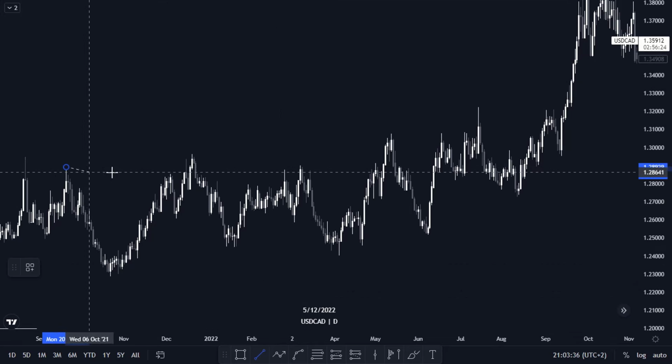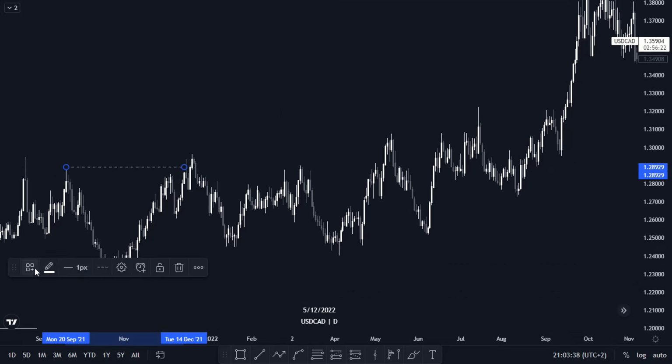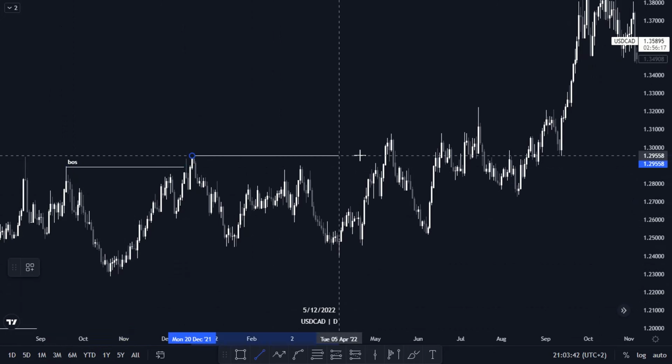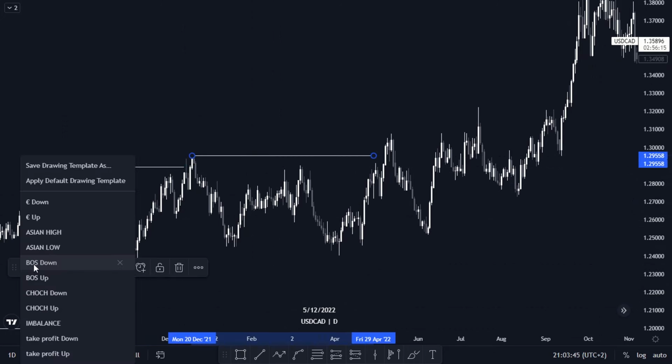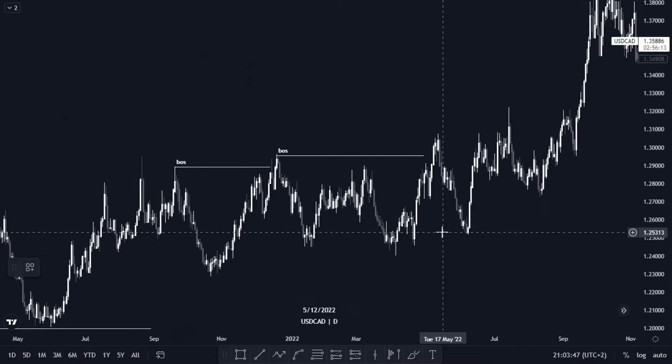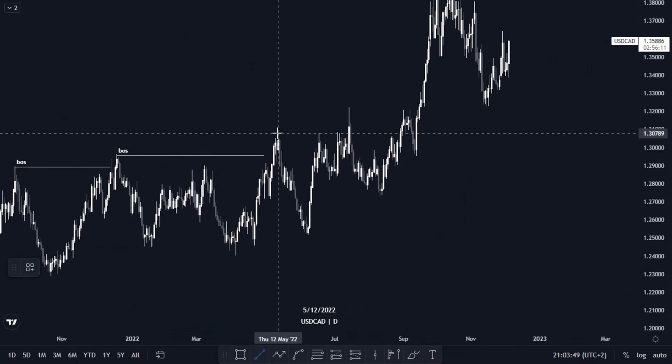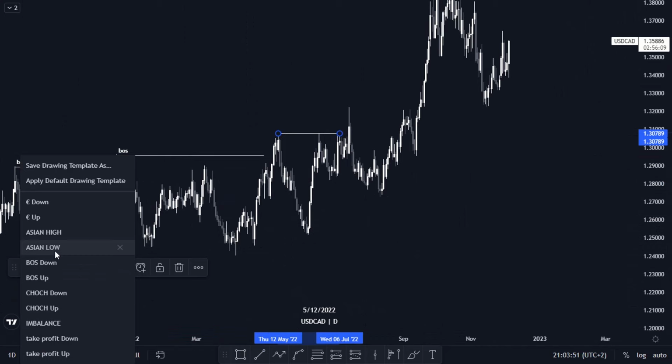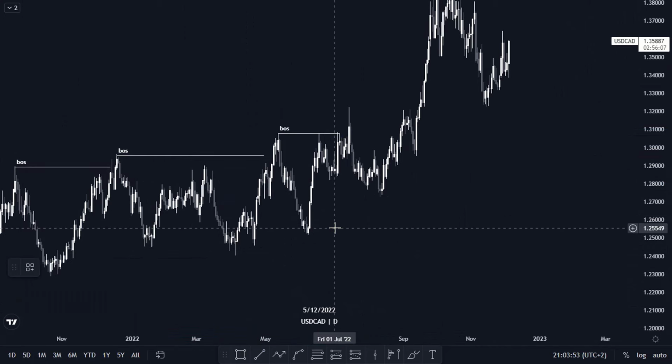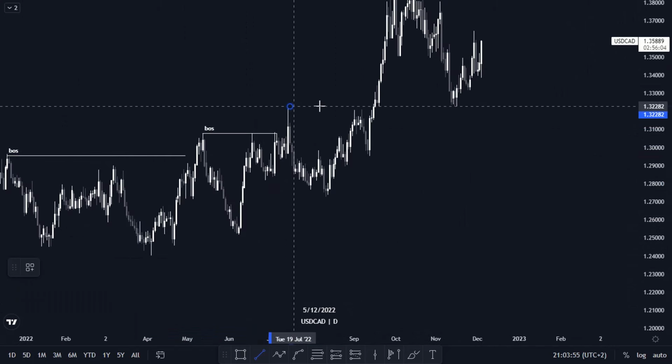We have this here, this beautiful break of structure here, this beautiful break of structure here, another one here, and another one here.